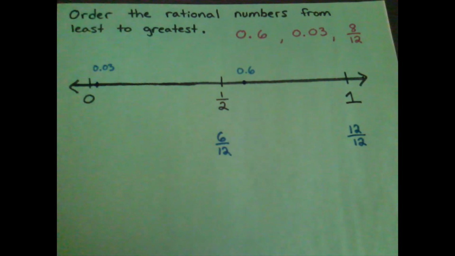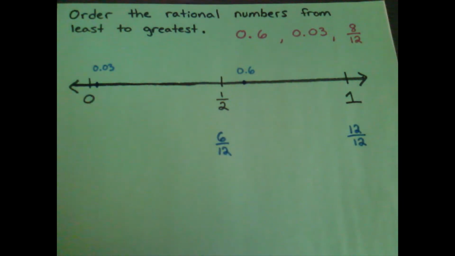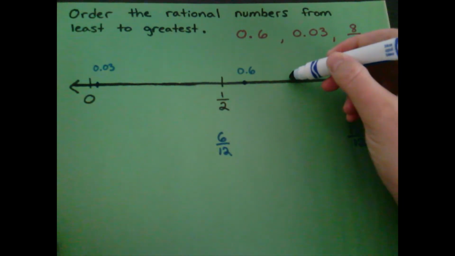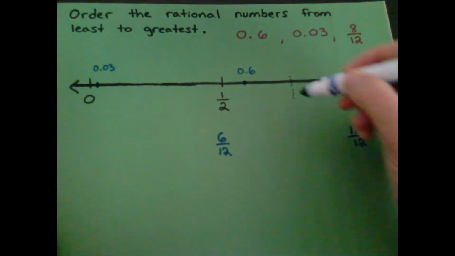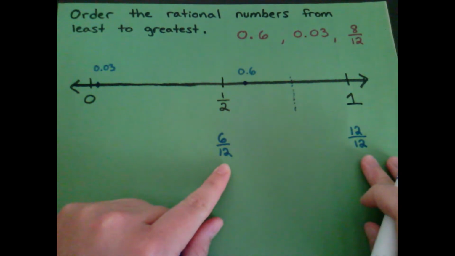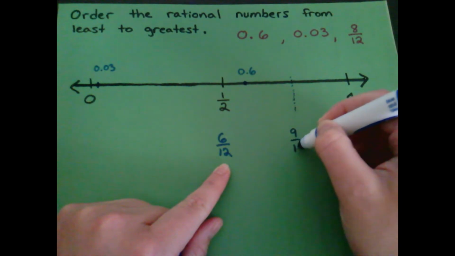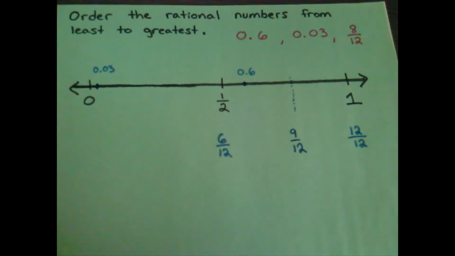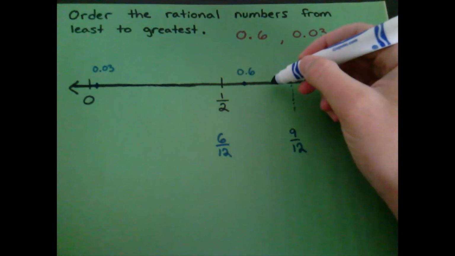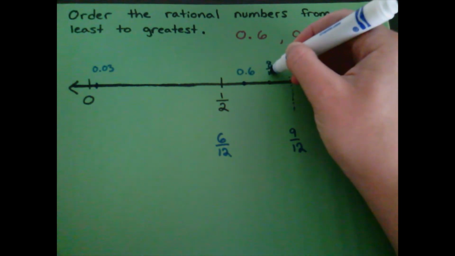Now, our number is 8/12. If we were to divide the upper portion evenly, right around here, what would that be? If this is 6/12 and this is 12/12, this would be 9/12. Our number is 8/12, so we know it's going to be about right here. 8/12.